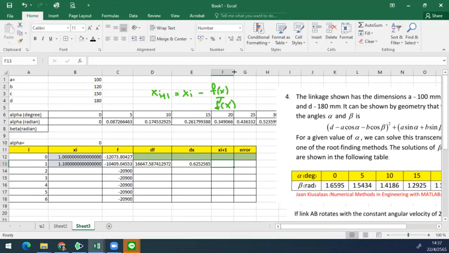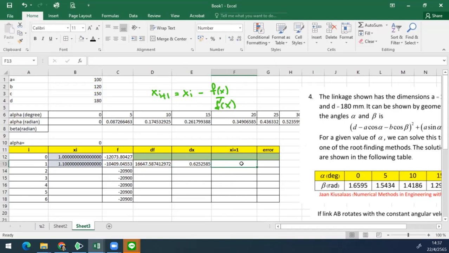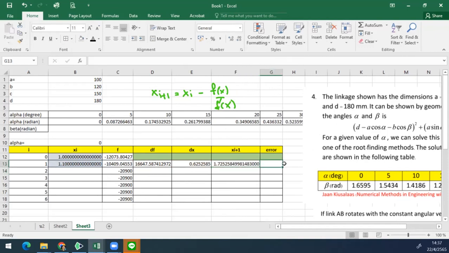So then x i plus 1 should be x i plus delta x. Okay, it should be like this. Okay, the error becomes what?